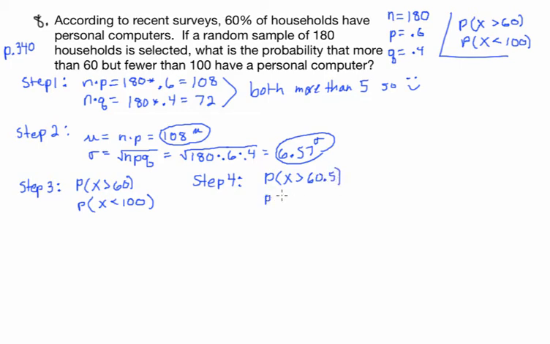And the second one, I look for the less than sign on the table, and I see that I'm supposed to do a minus 0.5. So I need 100 minus 0.5. So that'll change to x is less than 99.5. This adjusts our numbers and allows for the adjustment to use that normal curve to do this binomial.